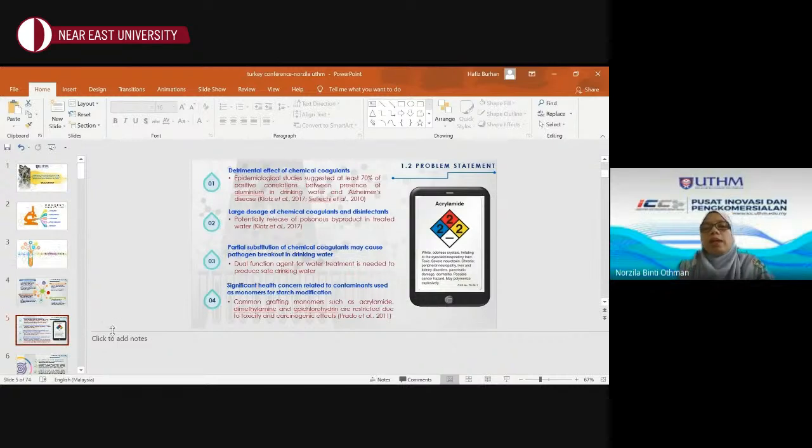As the problem statement, why did we start with the research? Currently, if we use high chemical dosage in the treatment, there is a detrimental effect of the chemical coagulant, and the most possible effect of the chemical coagulant is sickness like Alzheimer's.